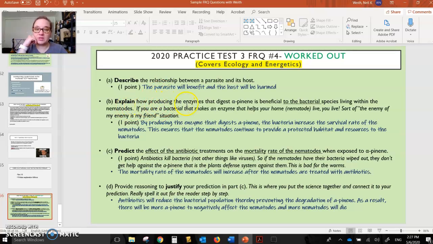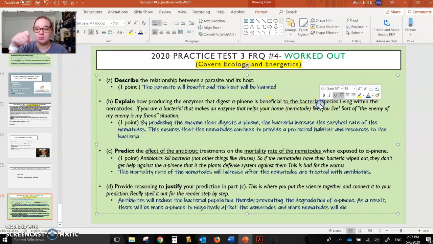So now, explain how producing the enzyme that digests alpha-pinene is beneficial to the bacterial species living within the nematodes. Like, why on earth are these bacteria producing an enzyme? What's the benefit for them? So this is a situation of the enemy of my enemy is my friend.